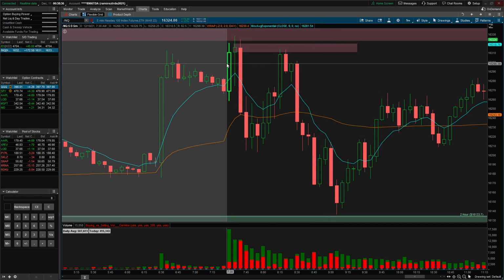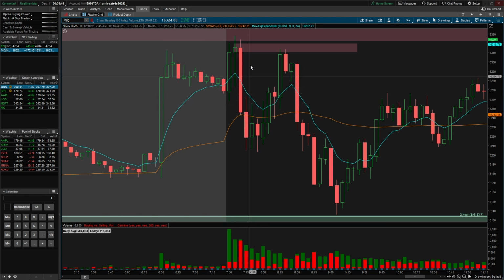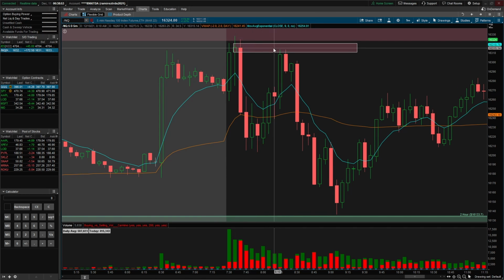So right here, you can see we touch supply. We've rejected. We still held this high, and then the next candle over, a big push down, which resulted in a formation of a 5-minute supply zone at this area. I'll go over how to draw them in a later video, as I just said.